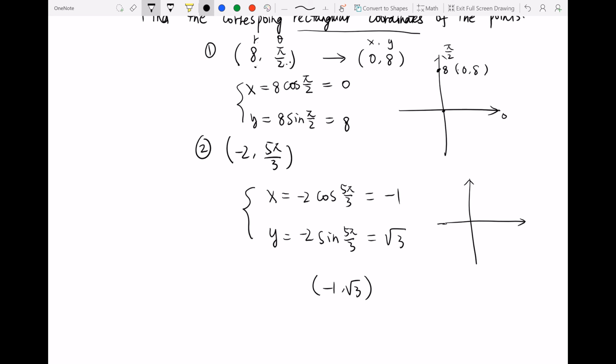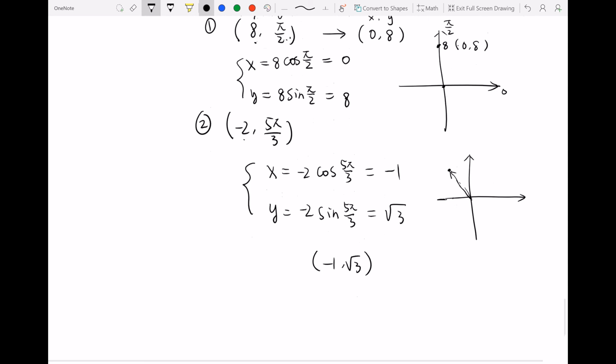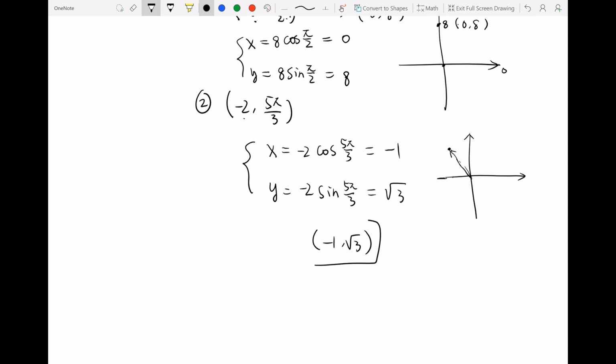I will explain later, next class probably, how to draw the -2. You cannot draw -2, 5 pi over 3 directly. You have to draw +2 but at another angle. But you got the angle, and you found the coordinates: -1, square root of 3.